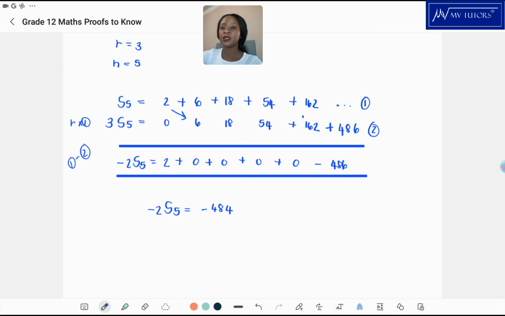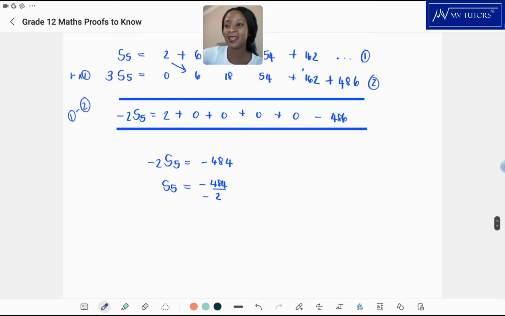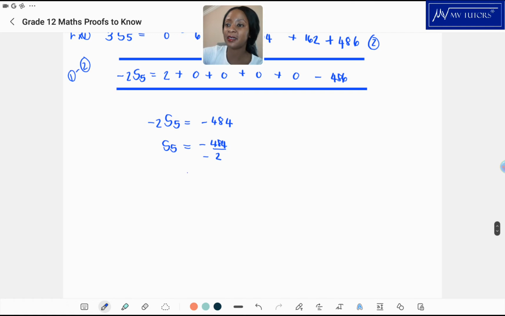If I work out that sum, it's negative 484 over negative 2, and we get 242.